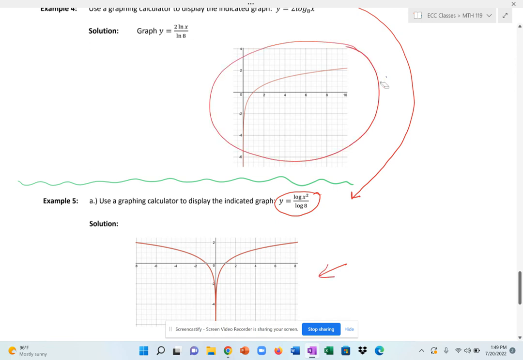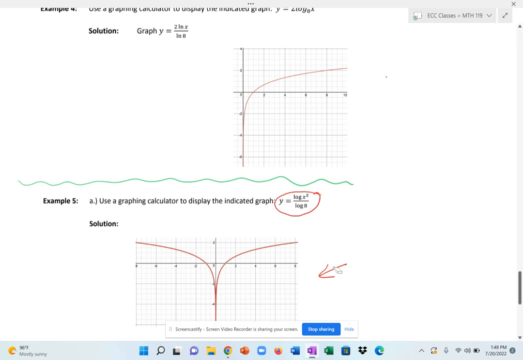That's because when I square the x, the domain of my logarithm completely changes. In this case, my domain is just all positive numbers. That is what the domain of a logarithm typically is, and my range is all real numbers. So remember, you can't take the log of 0, you can't take the log of a negative number, you would get an error.